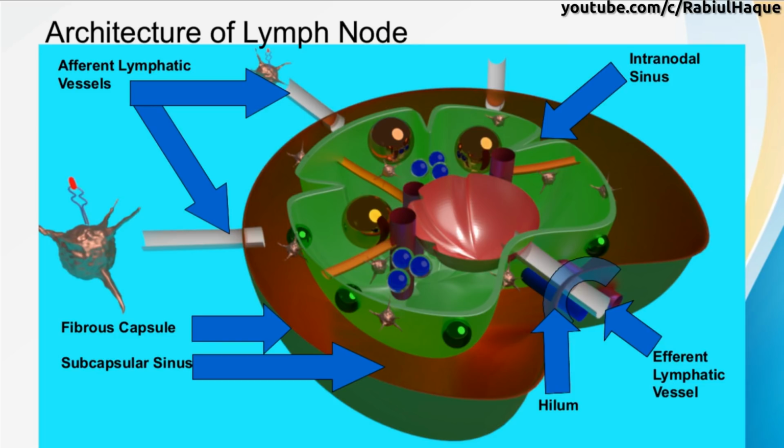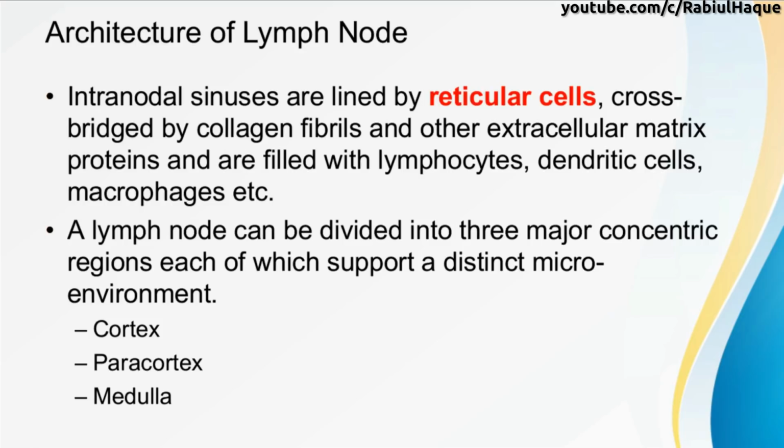But we can also see that in the lining of the intranodal sinus there are macrophages and also dendritic cells. And that is what was said in the previous slide, that the lining of the intranodal sinus has strong phagocytic properties, and they have such phagocytic property due to the presence of macrophages and dendritic cells in the lining of the intranodal sinus.